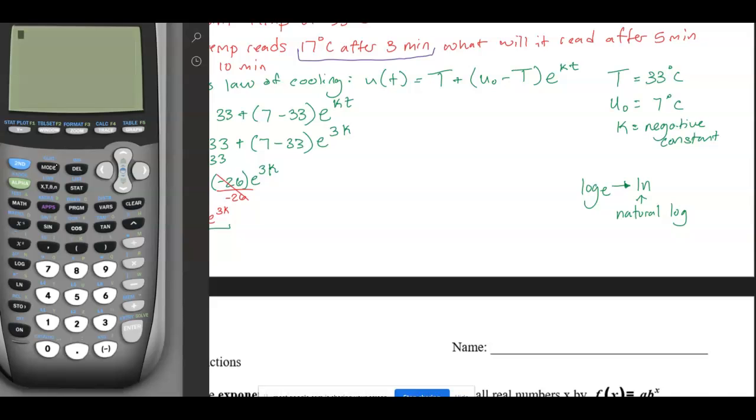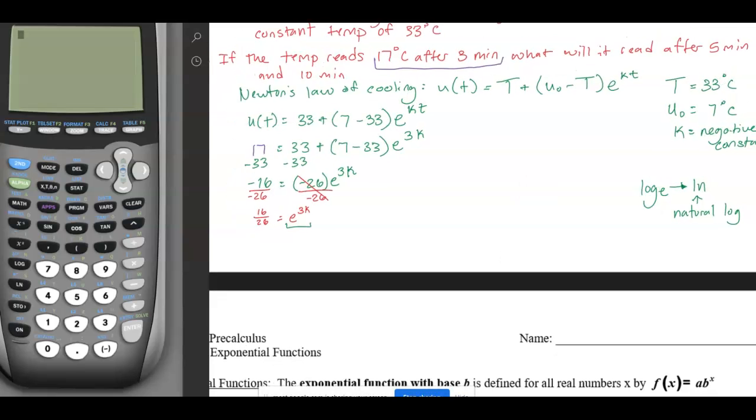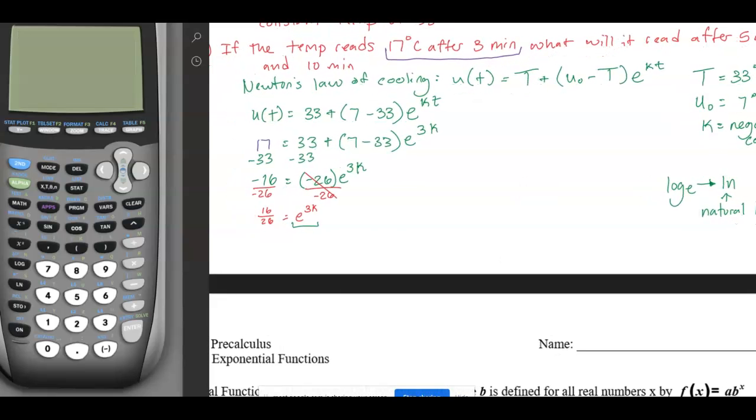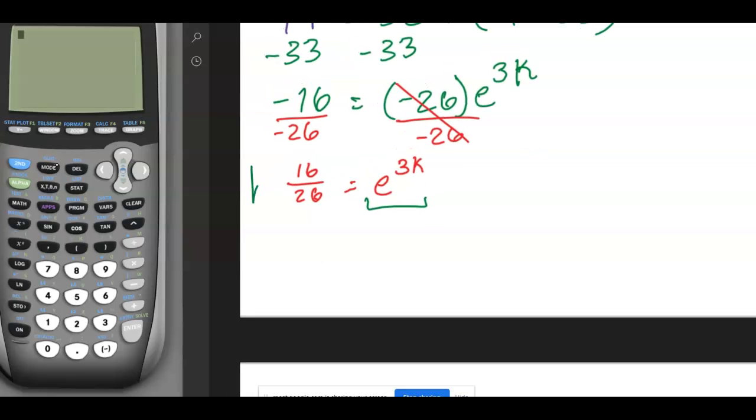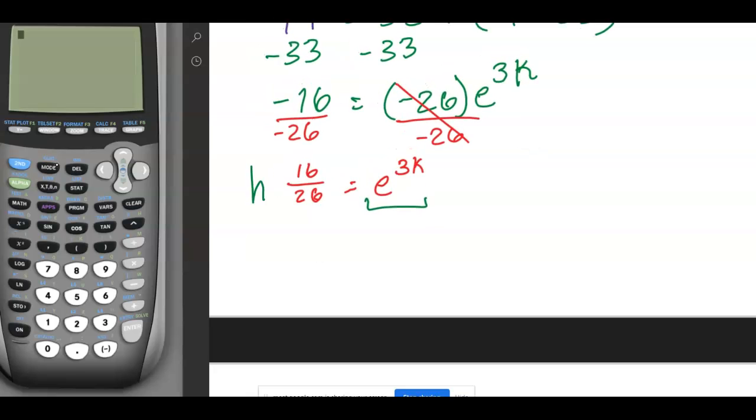It is ln. So here, the opposite operation of an exponential with a base of e is ln.